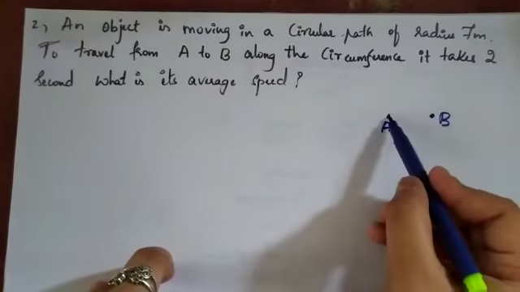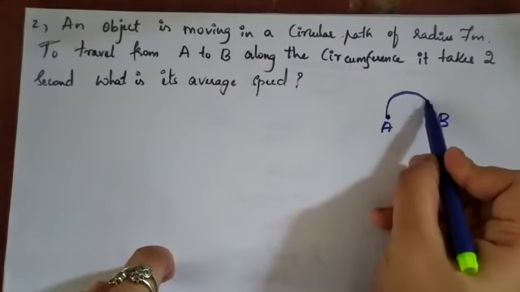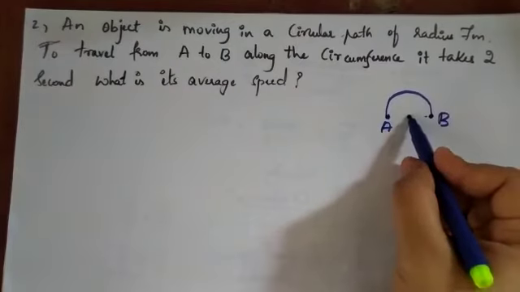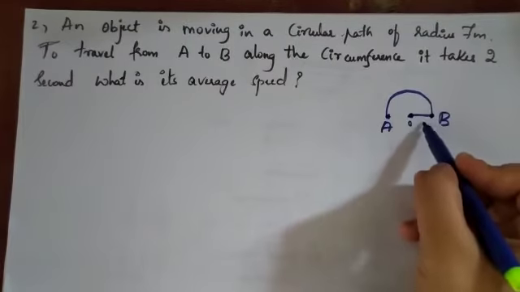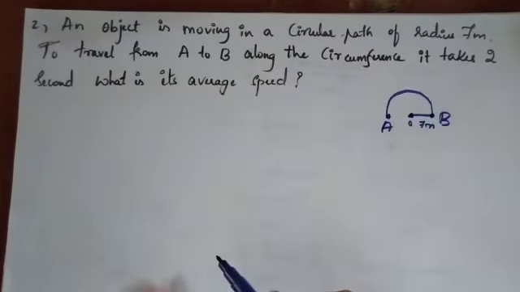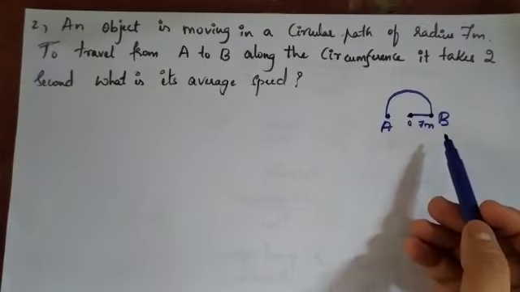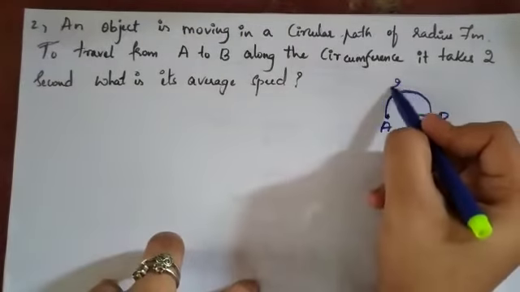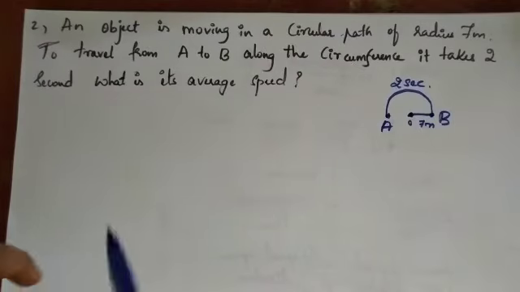Instead of traveling straight, the person has traveled in a circular path with the radius of 7 meter, from A to B along the circumference, in 2 seconds. We have to find the average speed of this object.